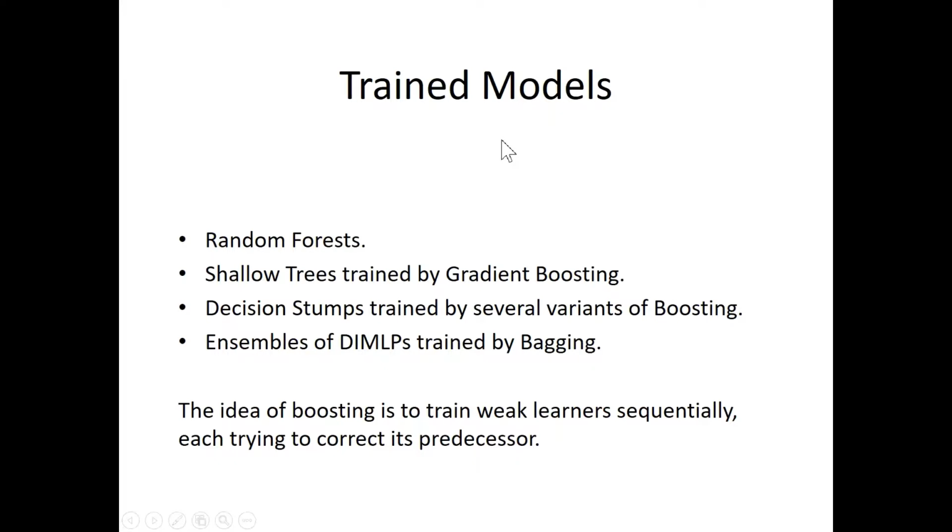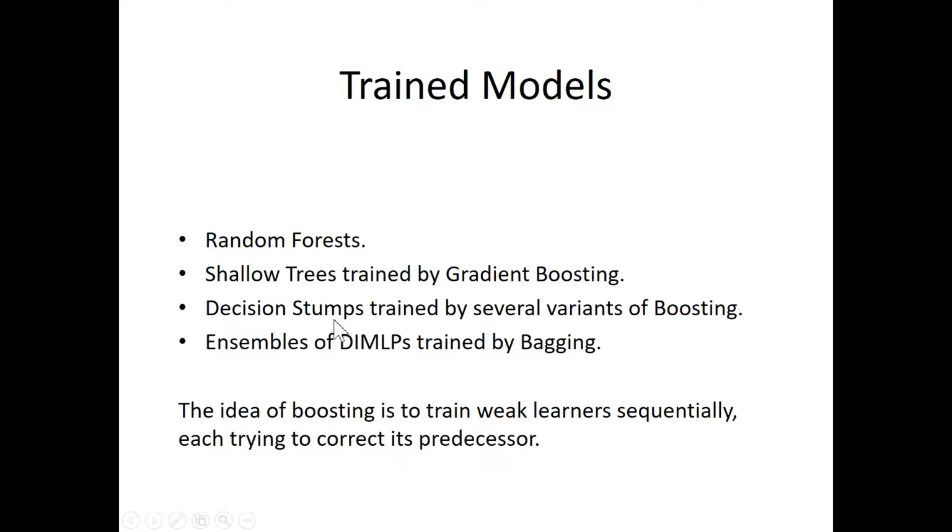Okay, so the trained models are random forests. Random forests are ensembles of decision trees trained by bagging. Other interesting techniques are shallow trees trained by gradient boosting. Decision stumps are particular cases of decision trees.